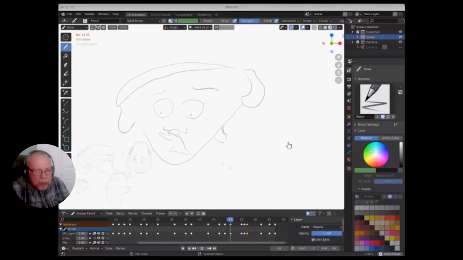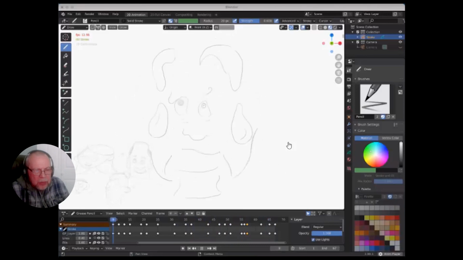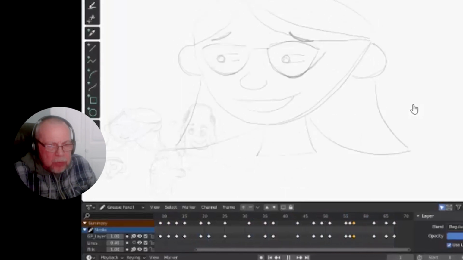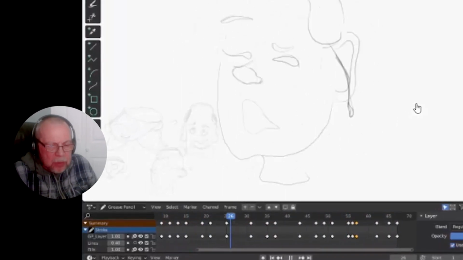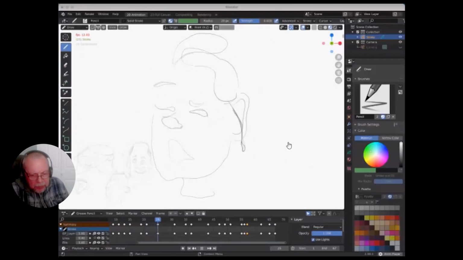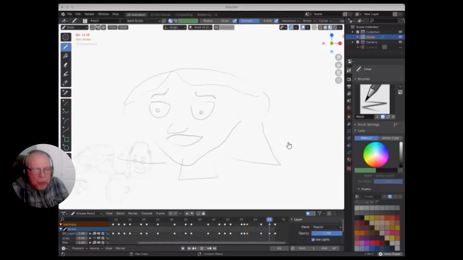No more than on 2s, because even on 3s it's kind of like stuck drawings. You can see just the drawings, not really a movement. Put everything on 2s at least. It could be on 1s, like I said. I see here you can put some stuff on 1s, right?